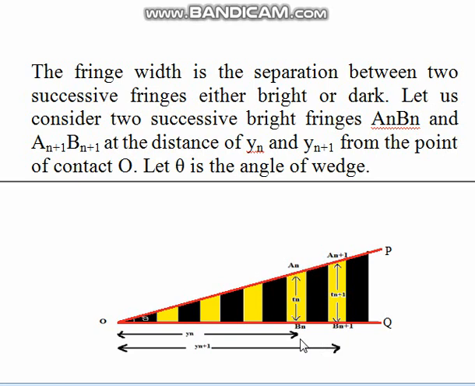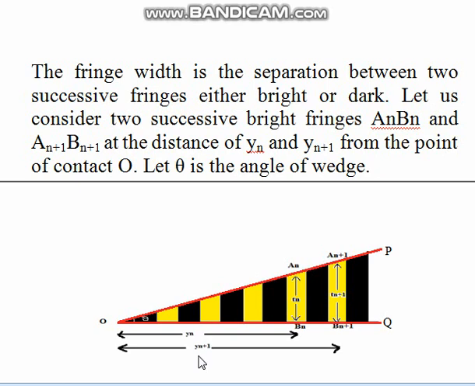One point is also important: the distance of the nth order bright band from the point of contact is Yn, and the distance of the n plus 1th bright band from the point of contact O is Yn plus 1. Fringe width is defined as the separation between two successive fringes, either bright or dark.